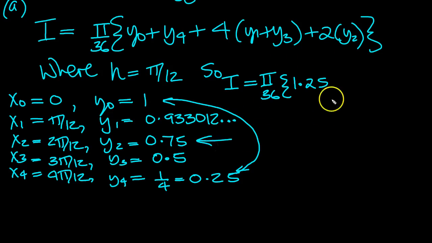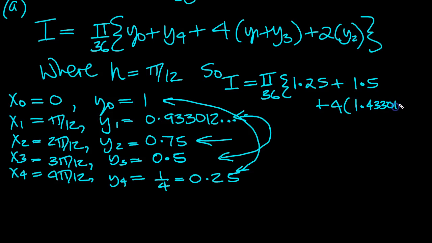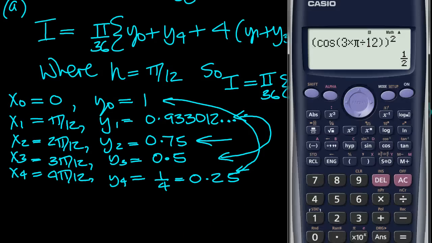So 2 of these, which would be plus 2 times 0.75, which is 1.5, plus 4 times y1 plus y3, which is this one and this one, so 4 times 1.433012, close that bracket, close the whole bracket. Now we can type this in the calculator.